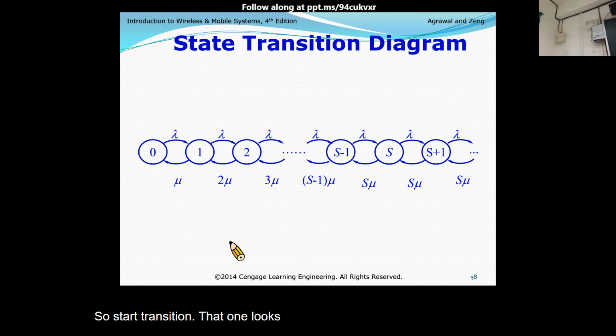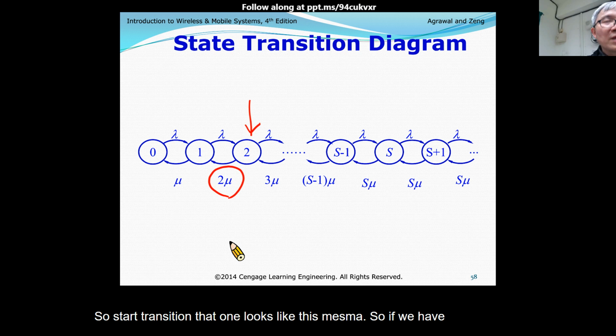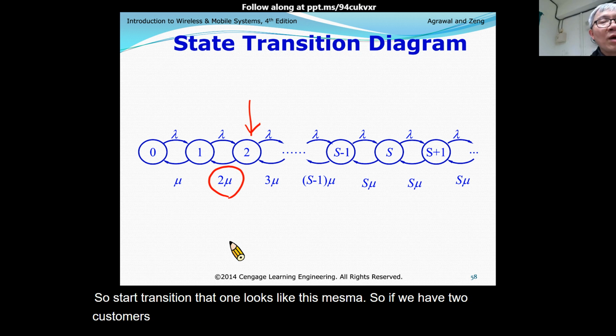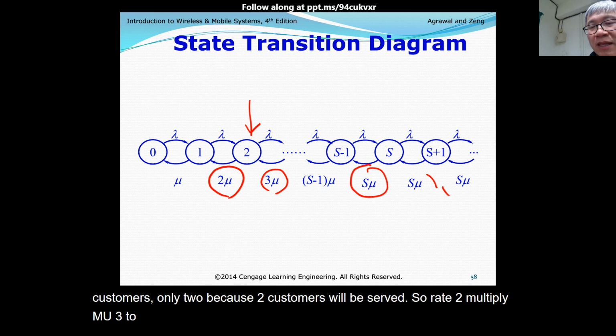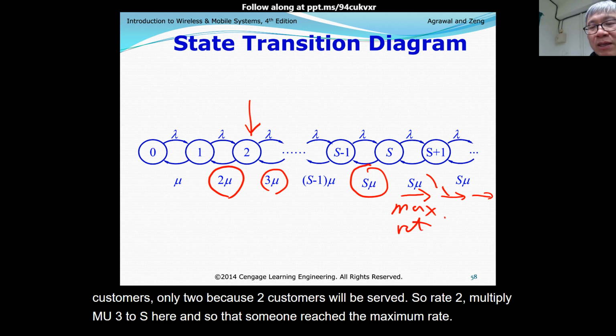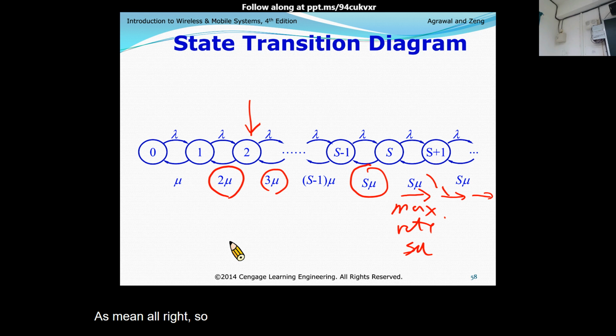If we have only 2 customers, both will be served, so the rate is 2 multiplied by mu, then 3 and so on up to S here. And once we reach S, the service rate reaches its maximum. All right, so this is the way to get the state transition diagram.